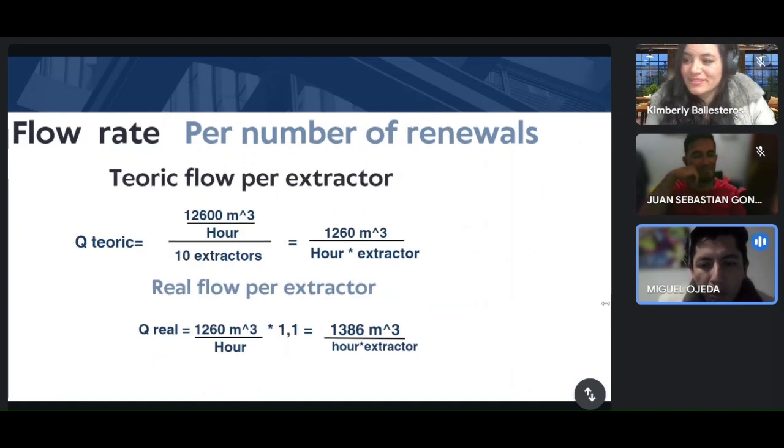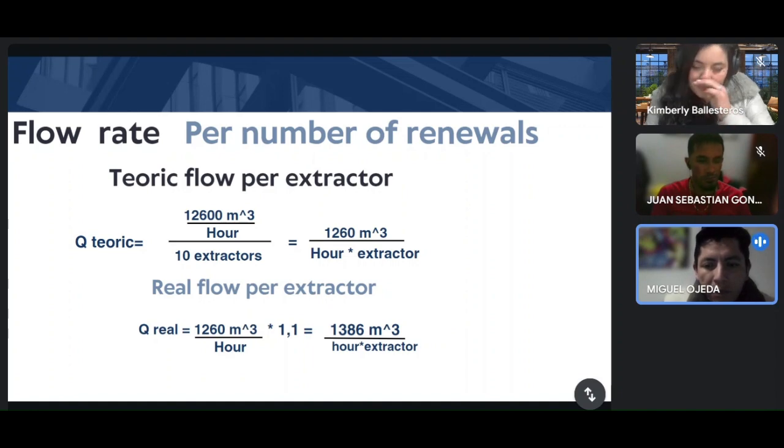Taking into account that the 10 extractors will be installed in the warehouse, the flow rate per extractor is calculated with the total theoretical flow rate divided by the 10 extractors, and the result is 1,260 cubic meters per hour per extractor.